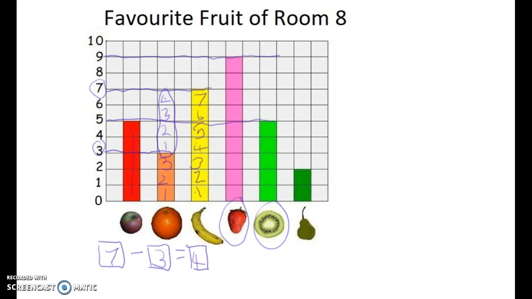I'll give you a few seconds to work out, using either way, what the difference is between the number of people who like strawberries and the number of people who chose kiwi fruit. Okay, so I know that 9 people like strawberries and 5 people chose kiwi fruit as their favourite fruit.